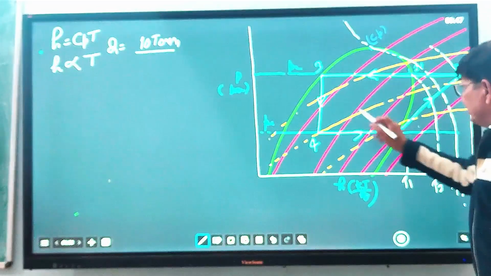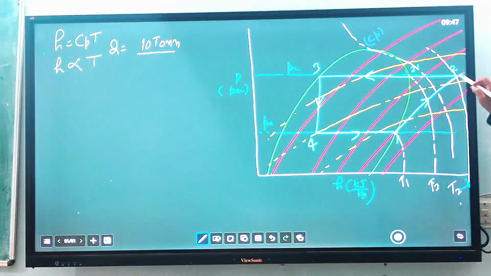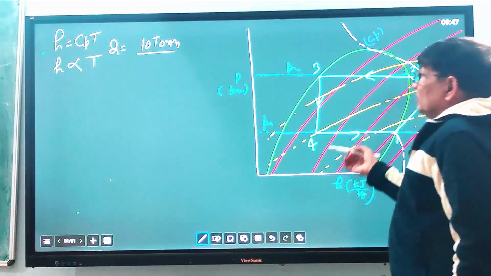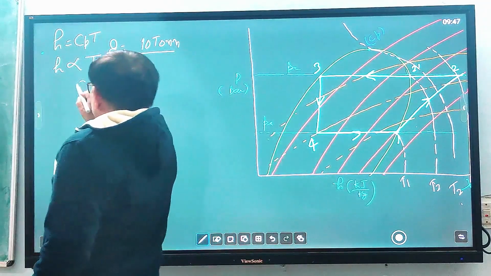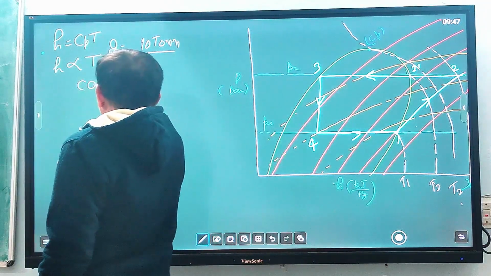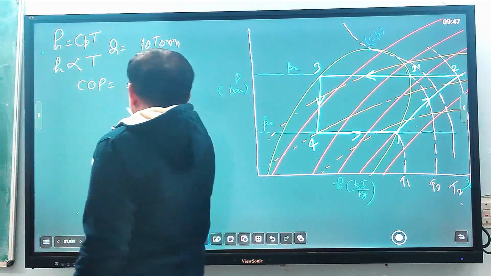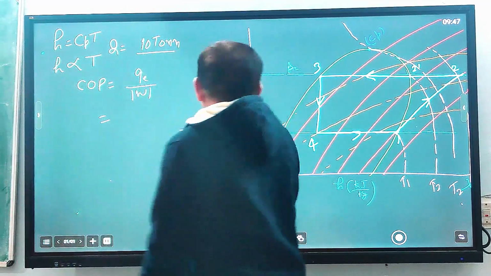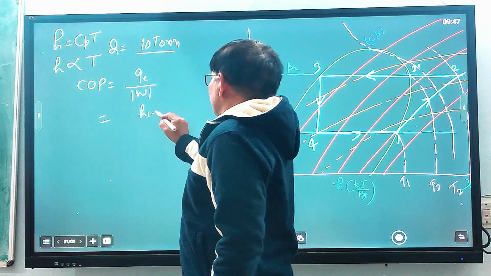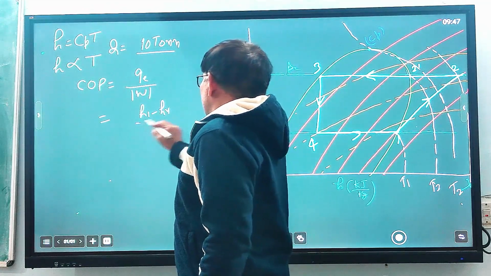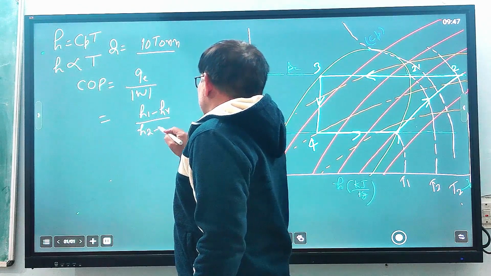That is H1 minus H4, and compressor work will be H2 minus H1. COP you can define as cooling effect upon work done, which is equal to H1 minus H4 upon H2 minus H1.